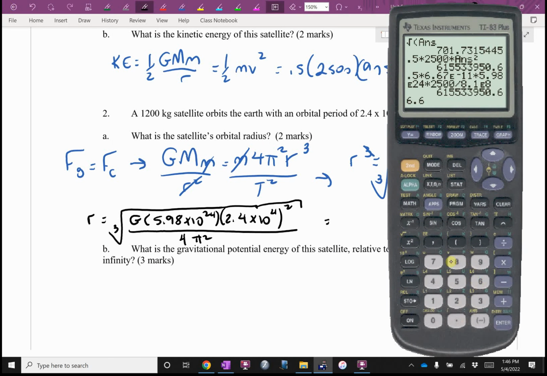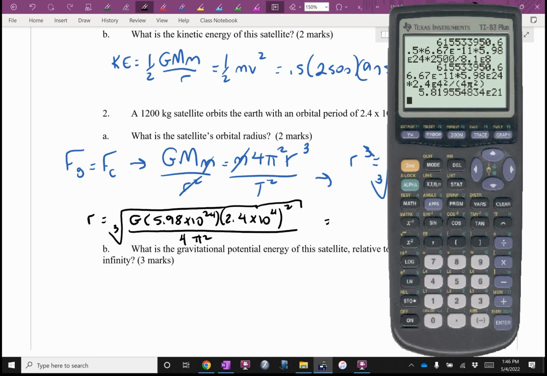Big G, 6.67 times 10 to the negative 11 times 5.98 times 10 to the 24th times 2.4 times 10 to the 4th squared divided by bracket 4 pi squared.